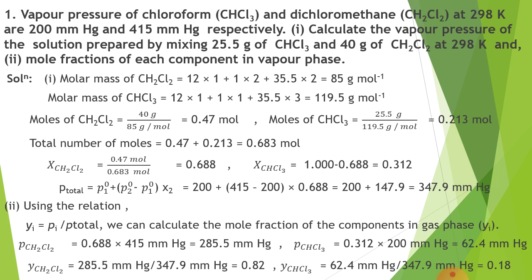Similarly, the vapor phase mole fraction of chloroform equal to the partial pressure of chloroform divided by total vapor pressure. This will give 0.18. Now, after solving this, we get one more piece of information: more the mole fraction, more will be the vapors. That means here dichloromethane is more volatile than chloroform.